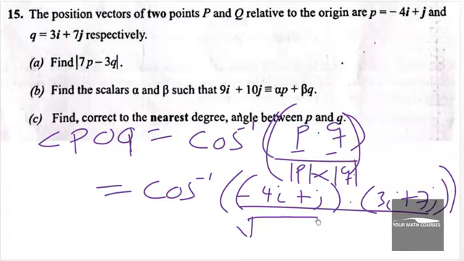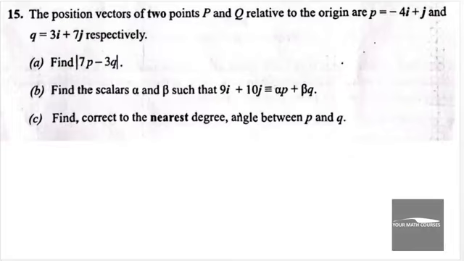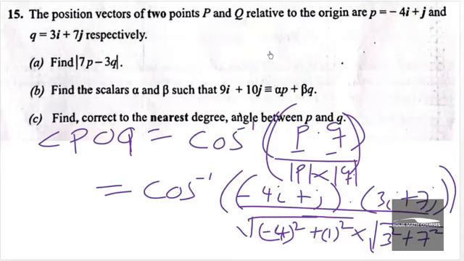We have the square root of negative 4 squared plus 1 squared, times the square root of 3 squared plus 7 squared. And this will simplify to, so angle POQ is equal to, when we dot the two vectors, we get negative 4 times 3, which is negative 12, plus 1 times 7.